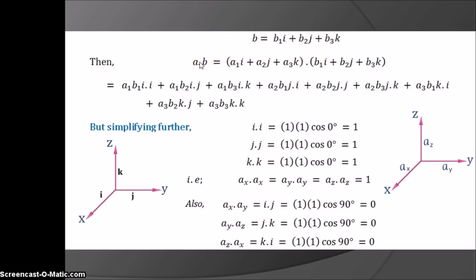The scalar multiplication or dot product of those vectors will then be given by A dot B equals vector A dot vector B. And if you expand these brackets, we have that A1 B1 i dot i plus A1 B2 i dot j.